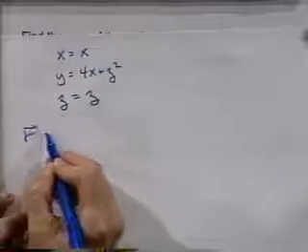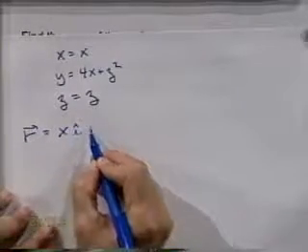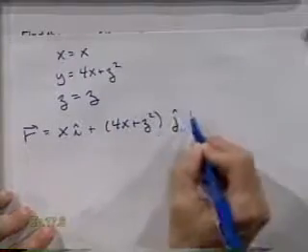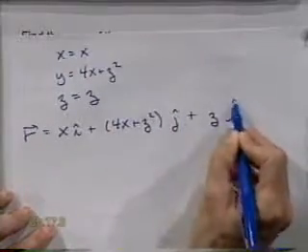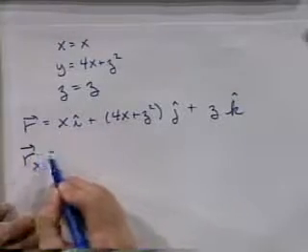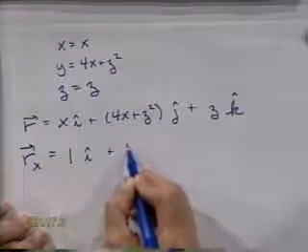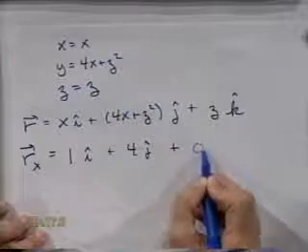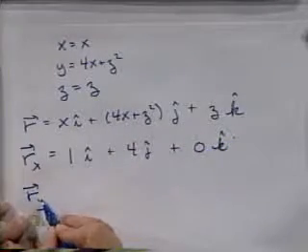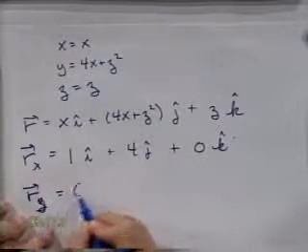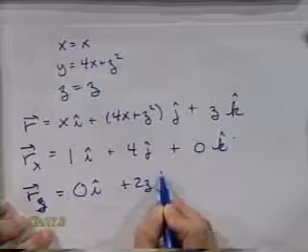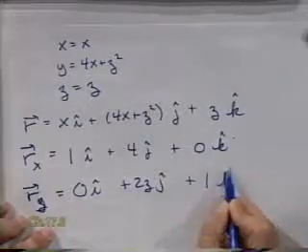We'll let our r equal x i plus (4x plus z squared) j plus z k. So the partial of r with respect to x is 1i plus 4j plus 0k. And the partial of r with respect to z is 0i plus 2z j plus 1k.